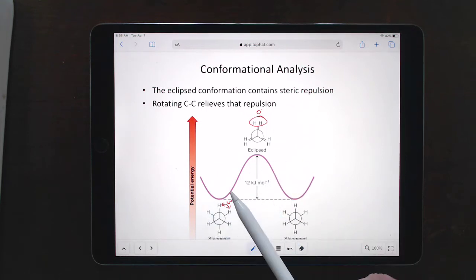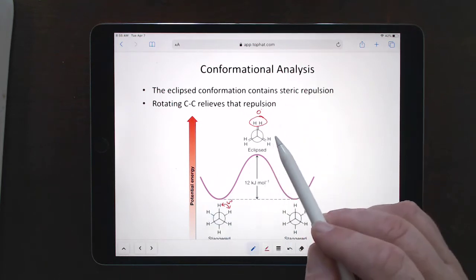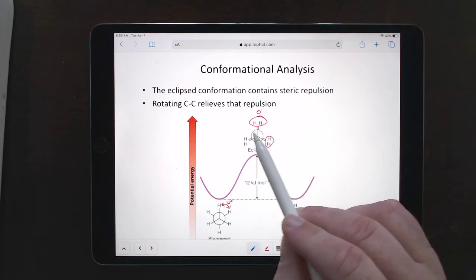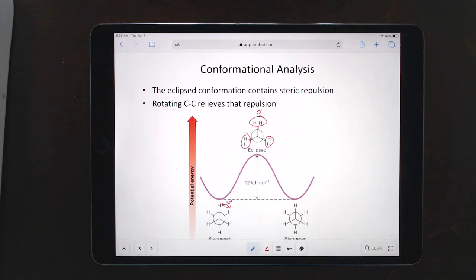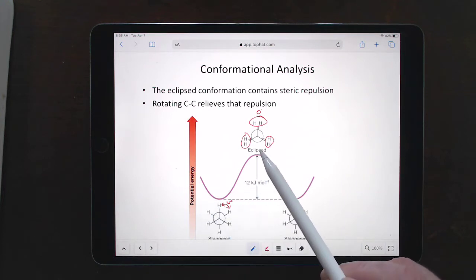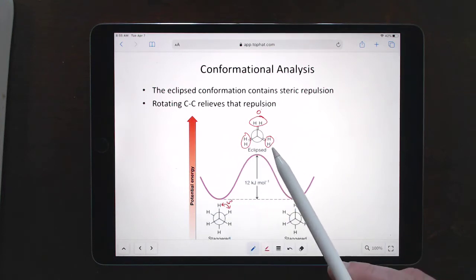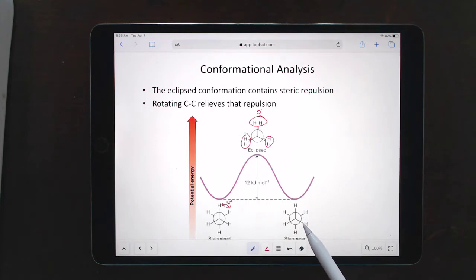So in this case, you're going to get not only the ones here, here, and here, so you're going to have 3 eclipsing hydrogens. It's going to cost you some energy, but as soon as you rotate one of those carbons around, you get back into the staggered position.